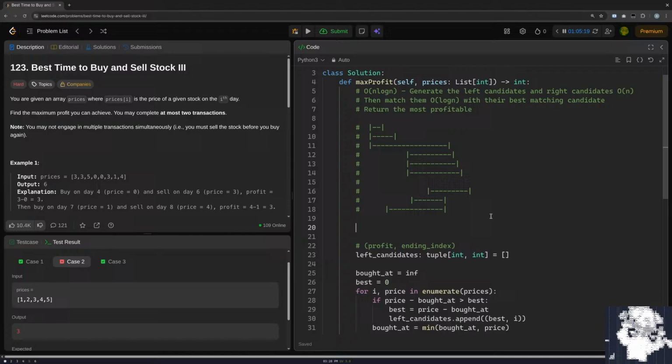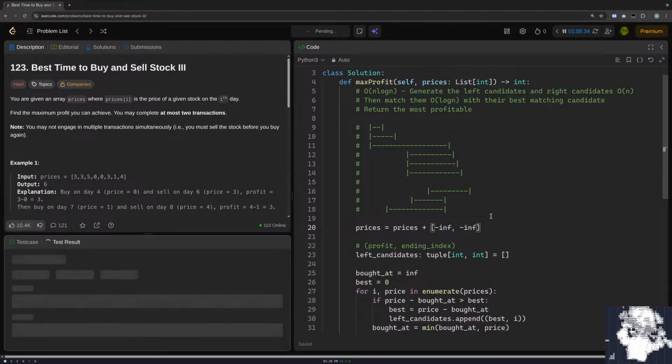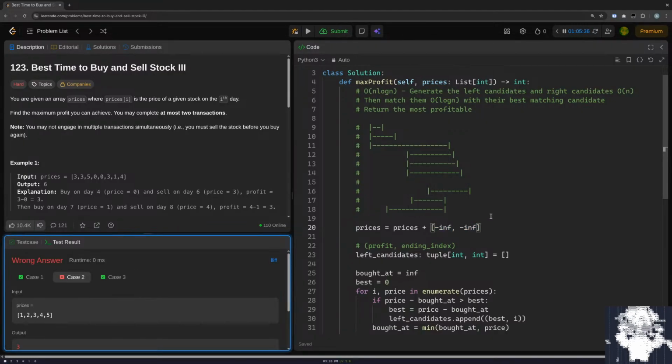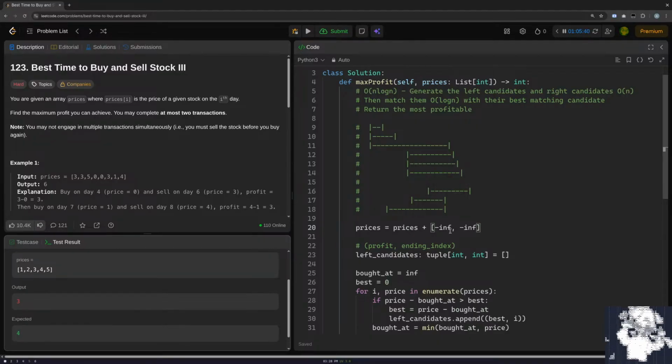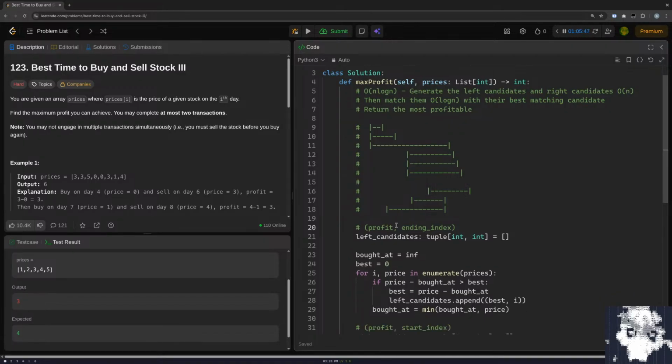So I'm trying to think of a way to cheat here. I think basically if I add prices equals prices plus negative infinities at the end, that gives space to do an extra zero profit transaction at the end. And this can't help you make profit, so I don't think it should change the answer. That didn't work. Oh, because I'm not going to count it if it's infinity.